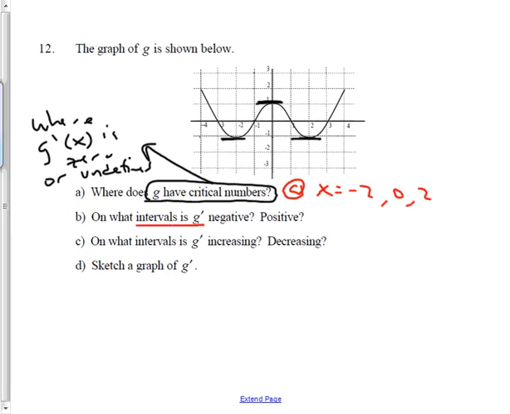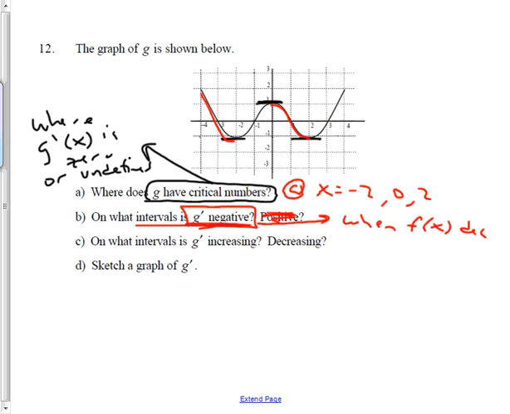Okay, on what intervals is G prime negative? Let's just answer the negative, not the positive. Where is G prime negative? Well, G prime is negative when G of x is decreasing. So where is it decreasing? Here and there.